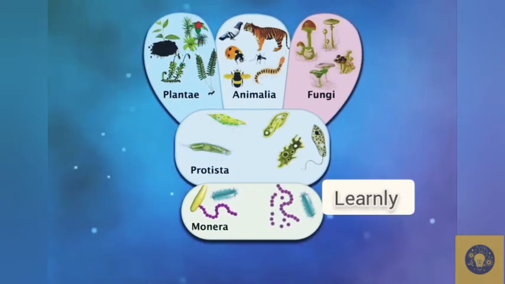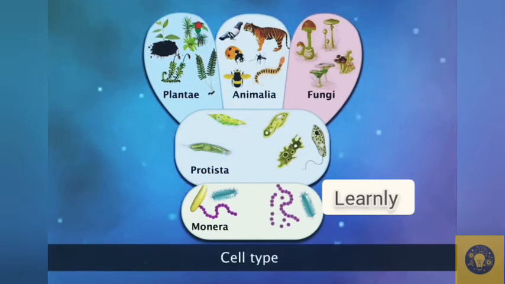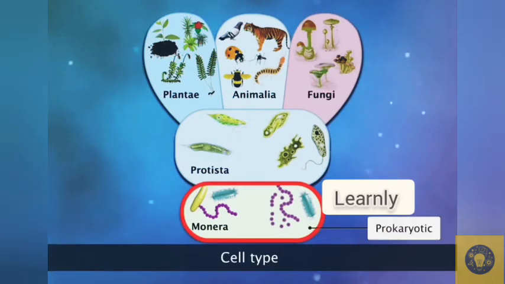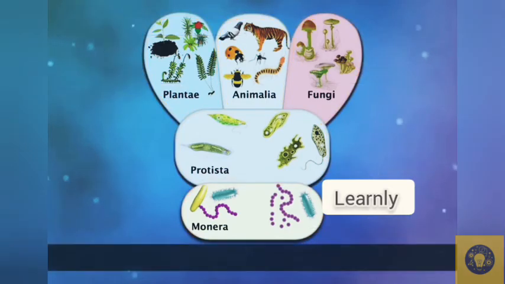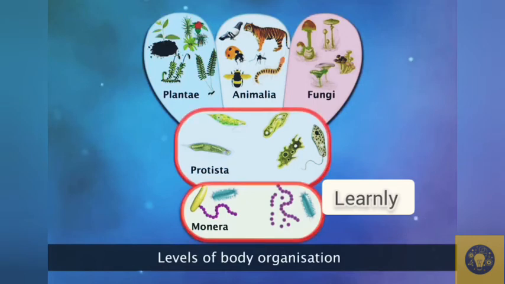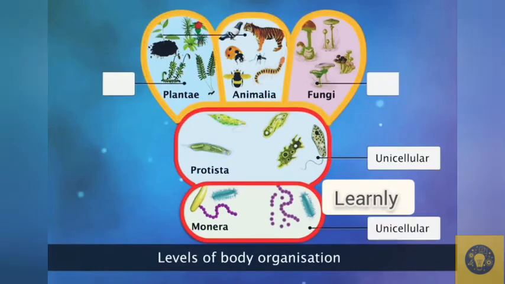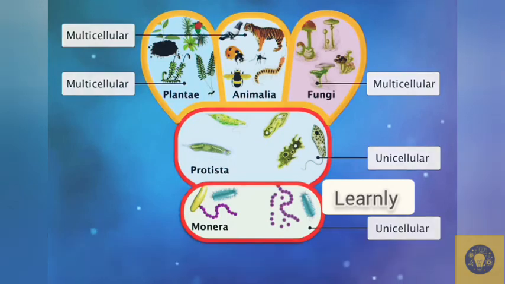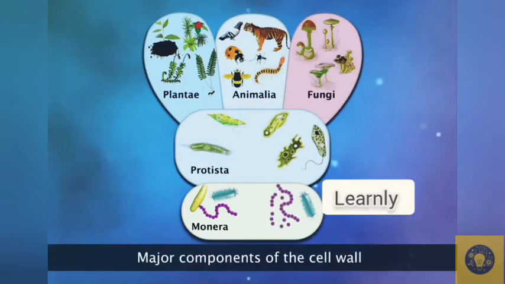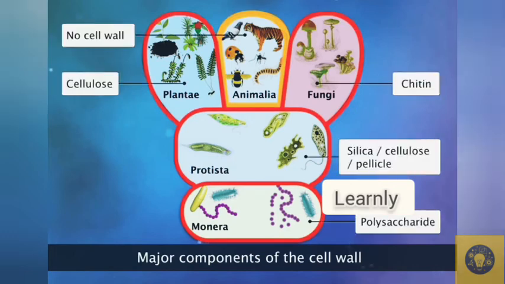The main criteria Whittaker used for classification were cell types, whether prokaryotic or eukaryotic. Levels of body organization, whether unicellular or multicellular. Major components of the cell wall.